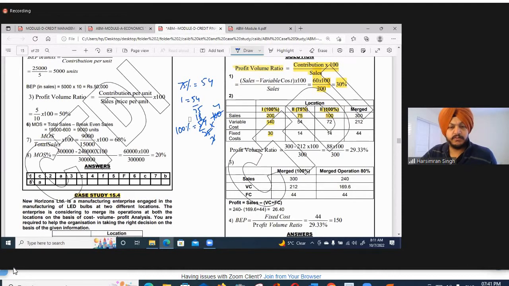And what is 18 4s? 72. You see this. Have you understood how I converted this 54 into 72?